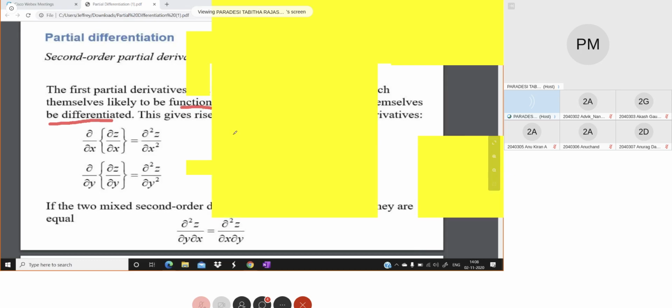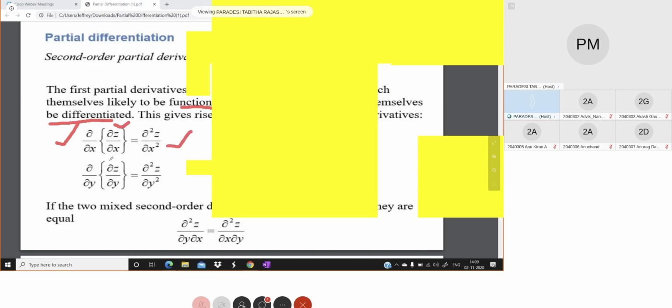So this gives us the four partial derivatives. Del by del x of del z by del x, that means the partial derivative of z x with respect to x, is del square z by del x square.